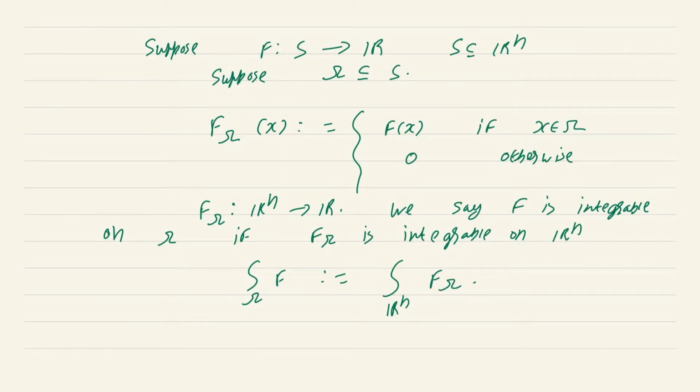Natural and straightforward definitions. Now the second major theorem, this theorem is also true for Riemann integrable functions, but I'm going to state it for Lebesgue integrable functions, and this is going to be crucial in the proof of the well-definedness of the integral. This is called the change of variables theorem. What this states is the following.